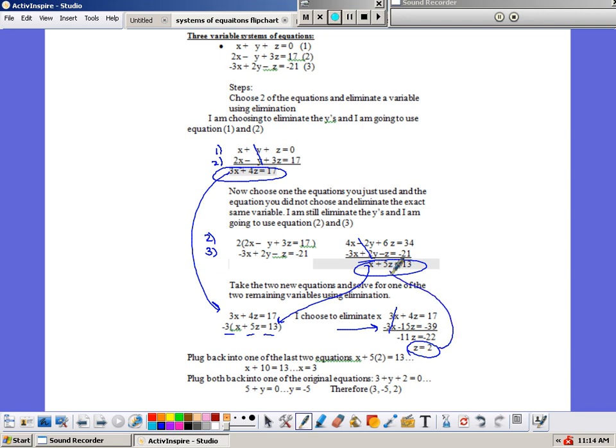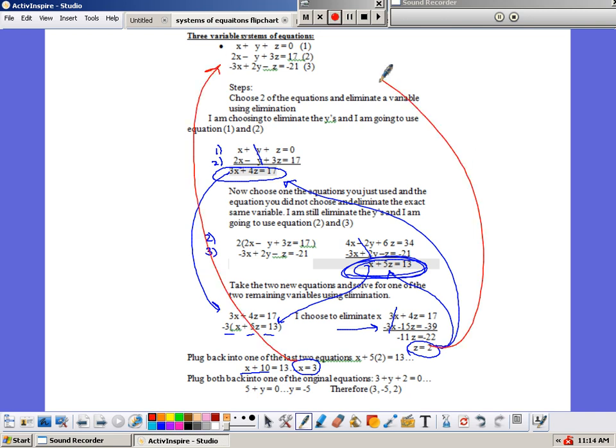Now I take the 2 and plug it back in to one of my 2 hold equations. It makes no difference which one. I picked this one. So I have x plus 5 times 2 is 10 equals 13, so x is 3. Now I take my z and my x and I plug it back into one of these equations up here.